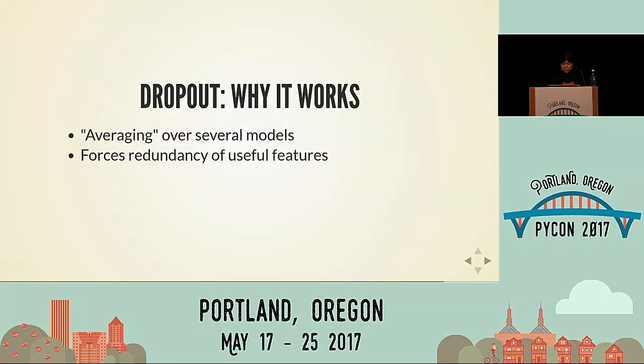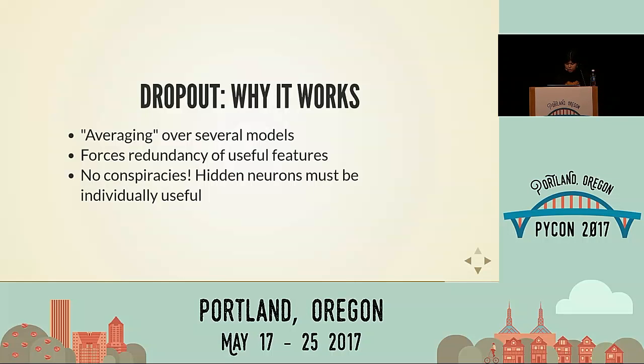The second reason is that it forces useful features to repeat themselves, and that makes our network more robust. The third reason is that you can't have a good conspiracy if your co-conspirator might drop out at any time. So hidden neurons must be individually useful. We can't have 3 neurons over here conspiring to accommodate an outlier, because 1 or 2 of them may be missing at any time.